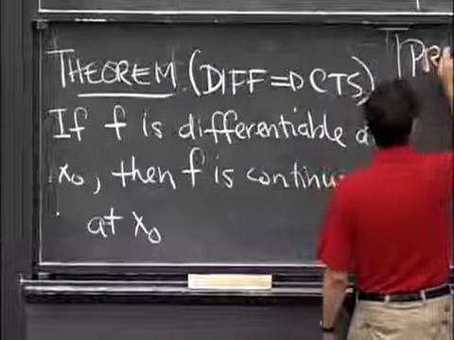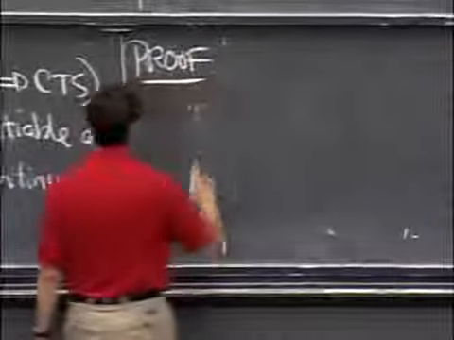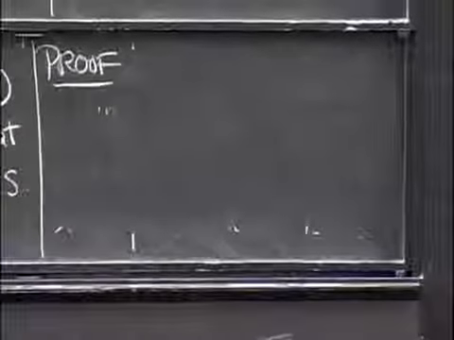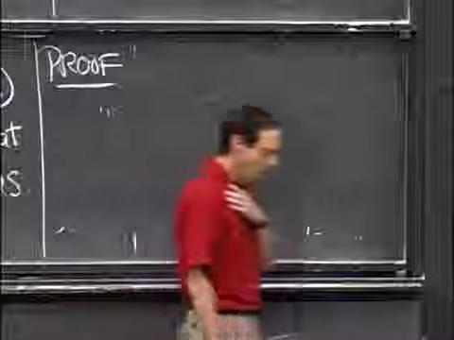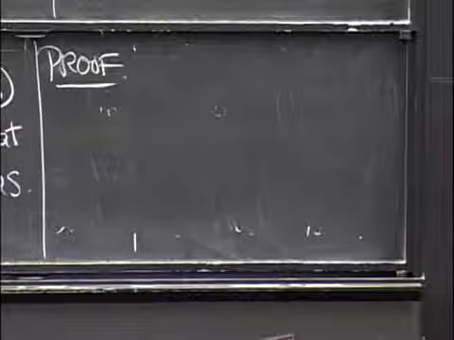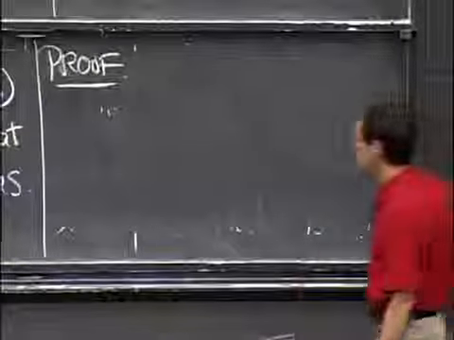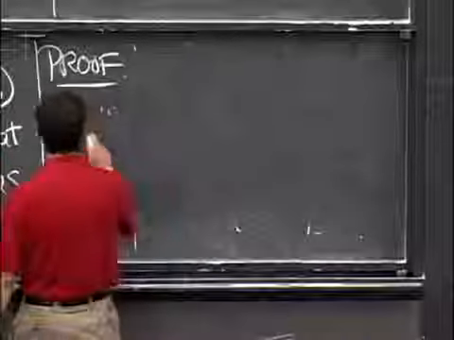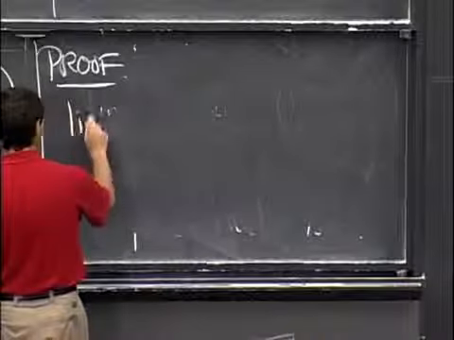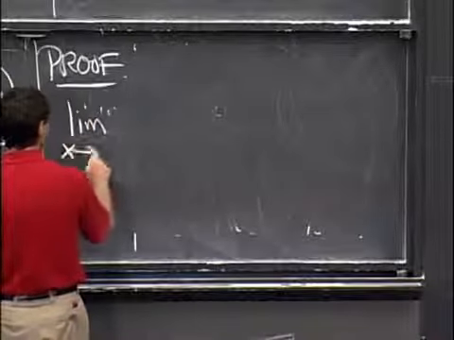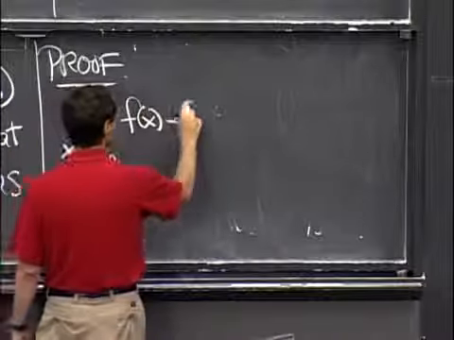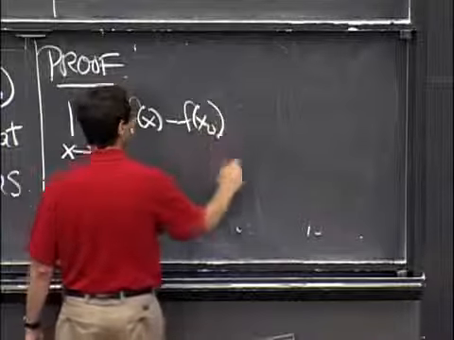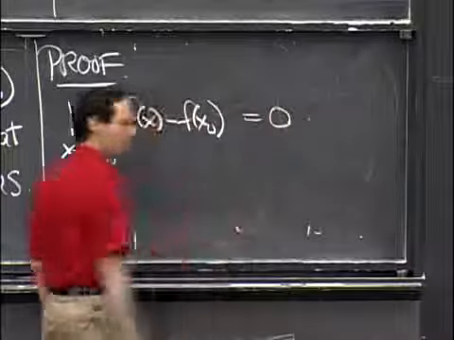So here's the proof. Fortunately, the proof is just one line. So first of all, I want to write in just the right way what it is that we have to check. What we have to check is that the limit as x goes to x0 of f of x minus f of x0 is equal to 0.